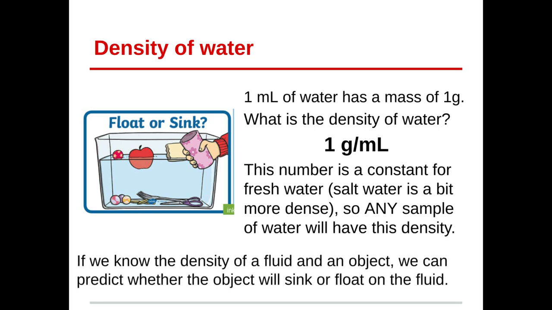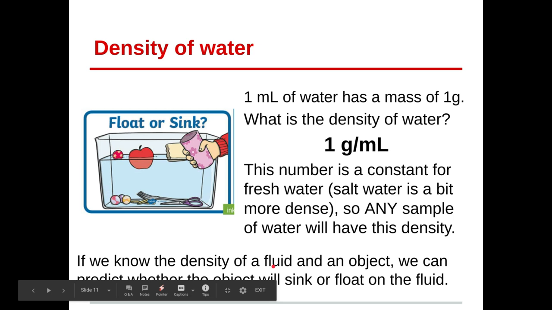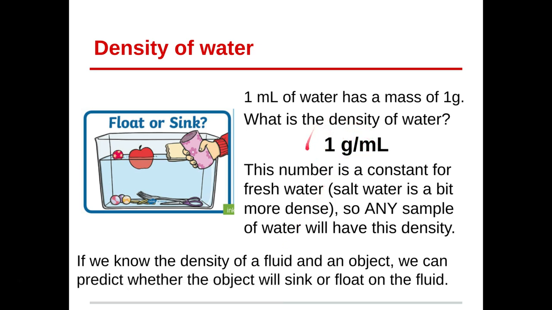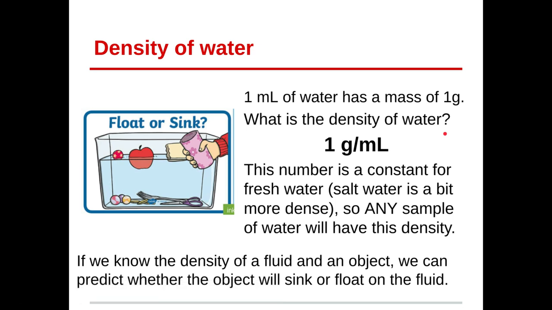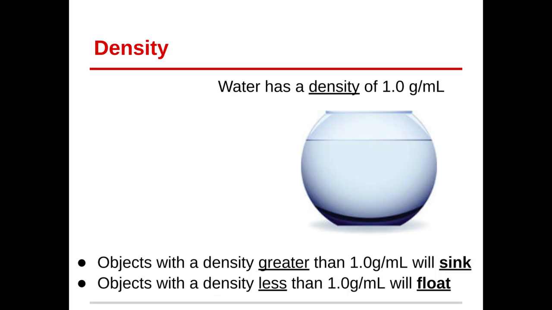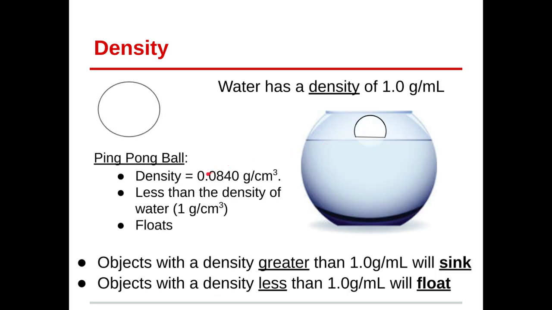So if we know the density of a fluid, knowing that constantly water is 1 gram per milliliter, and if we know the density of an object, we can actually predict whether that object will sink or float on the fluid. So let's take a look at a couple of examples of that. First off, we're going to look at a ping pong ball. Its density is 0.0840 grams per centimeter cubed.